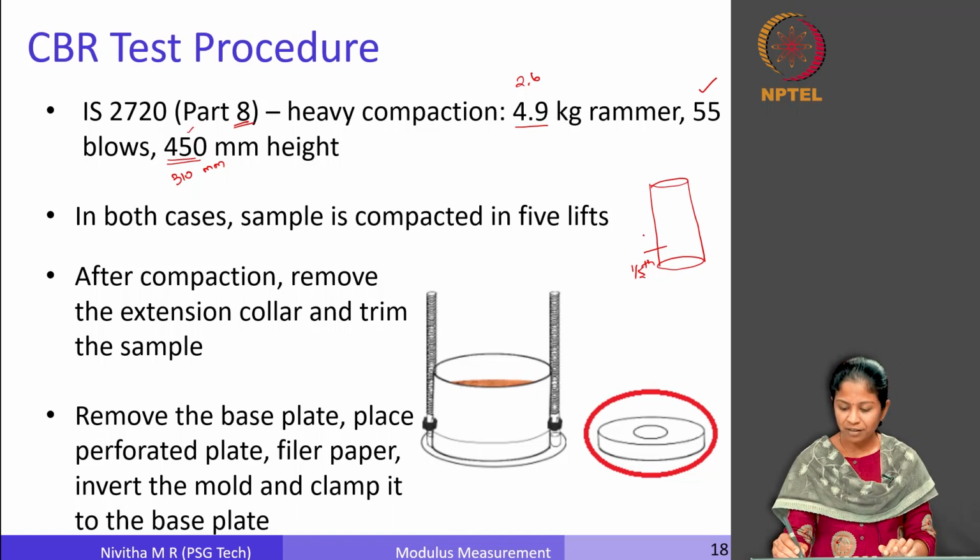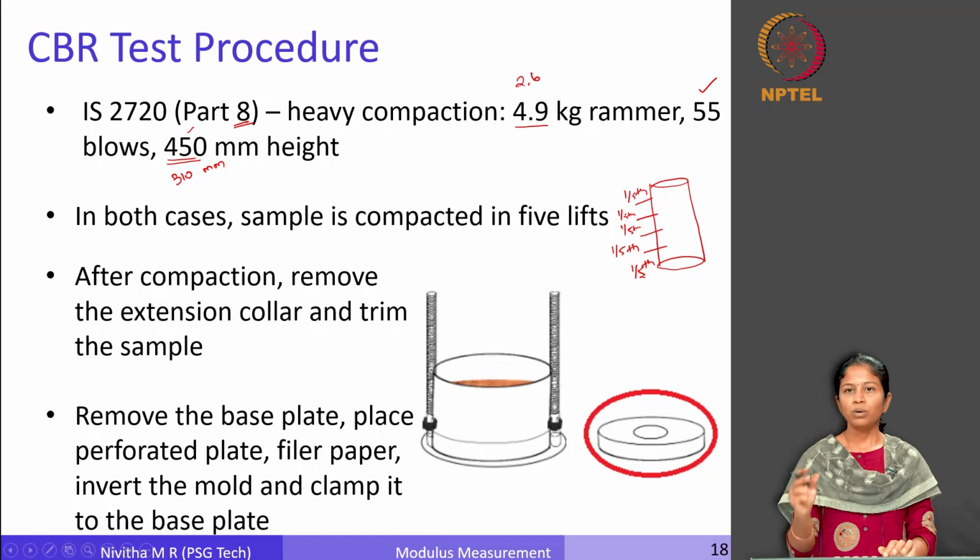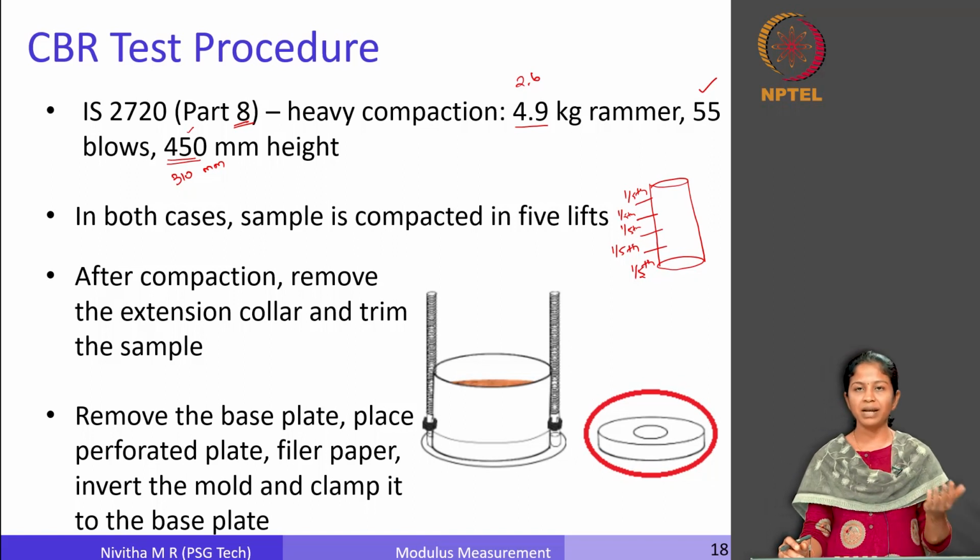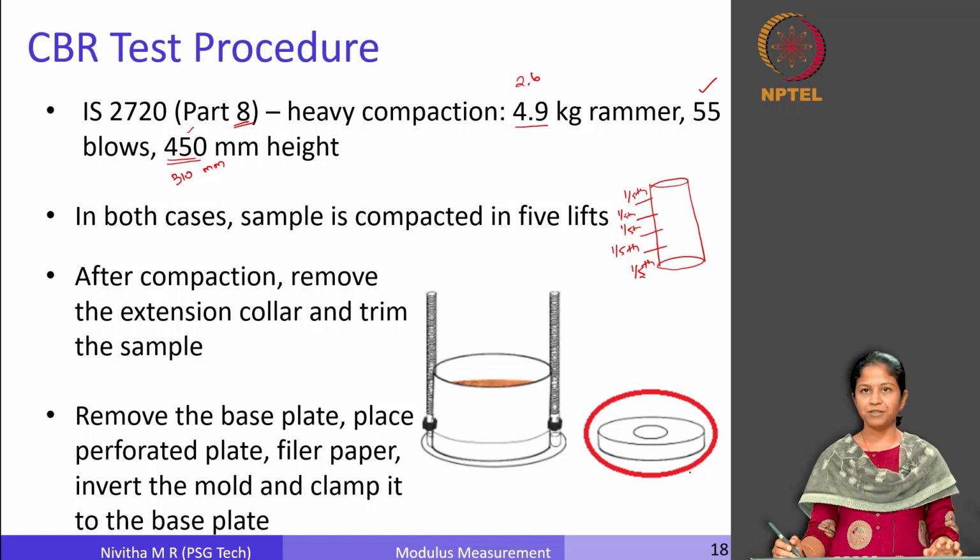Once I compact the first layer, I will place in approximately the next 1/5 and so on. So, this is the third 1/5, this is the fourth 1/5 and this is the last 1/5. So, the specimen has to be compacted in 5 lifts for both cases, whether it be light compaction or heavy compaction.